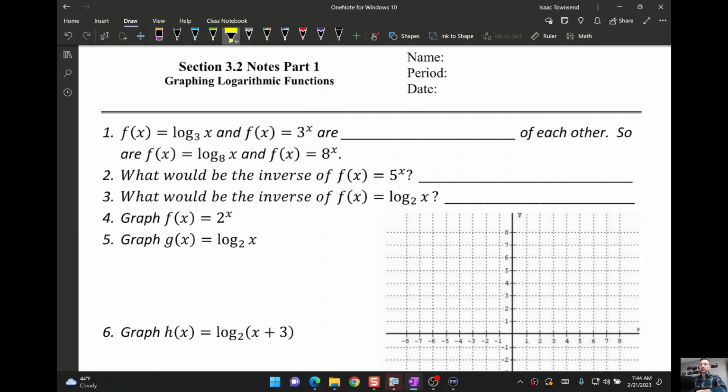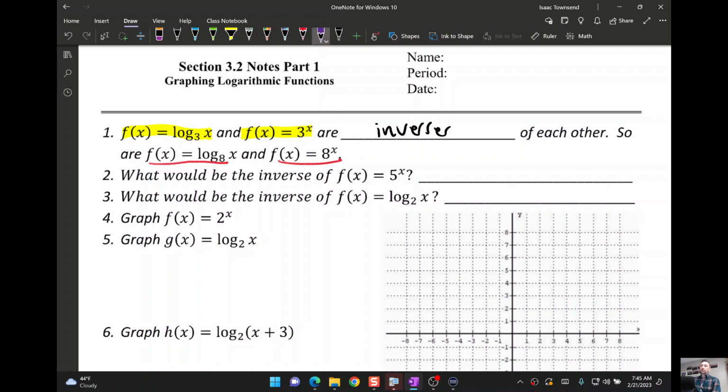First off, you need to know the relationship between this and this. 3 to the x, which we just reviewed a little bit, and log base 3 of x are inverses of each other. Likewise, log base 8 of x and 8 to the x are inverses of each other as well. Make sure that you see that connection there.